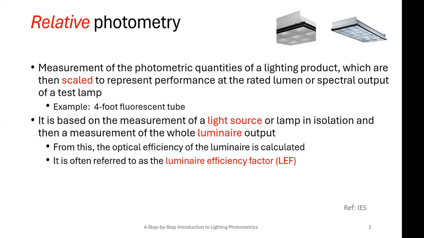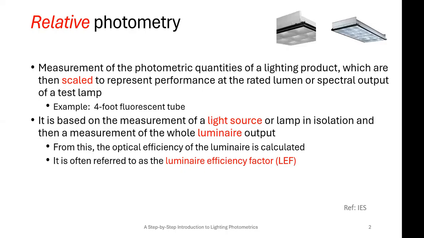So if you have 100% of the light coming out of the lamps or the LEDs, and then you have a portion of that blocked or doesn't come out. So let's say if only 80% comes out, then the luminaire efficiency factor would be 20%, because that would be blocked. Or another way to state that, actually on the cut sheet, would be 0.8.